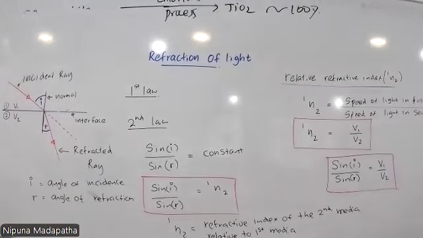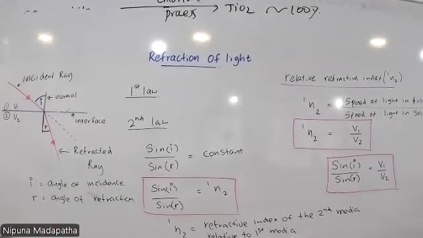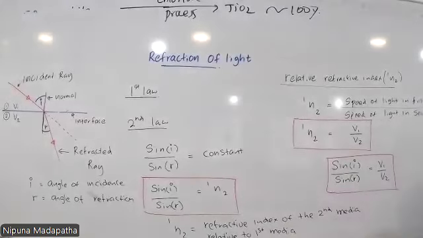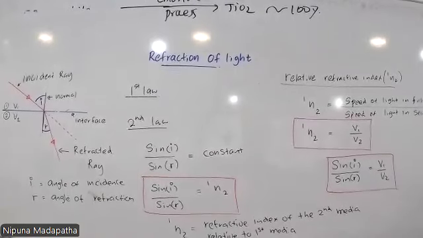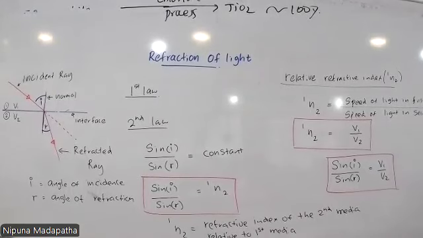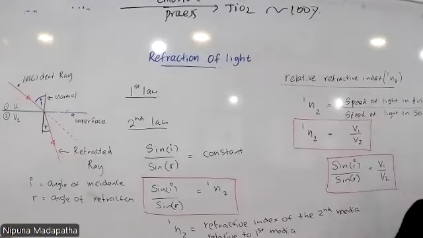Second law. The sine value of the angle of incidence over the sine value of the angle of refraction is a constant.